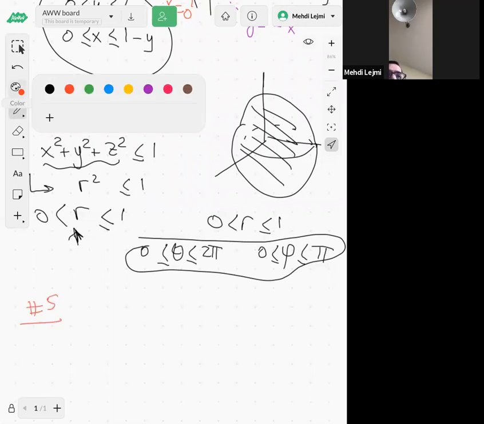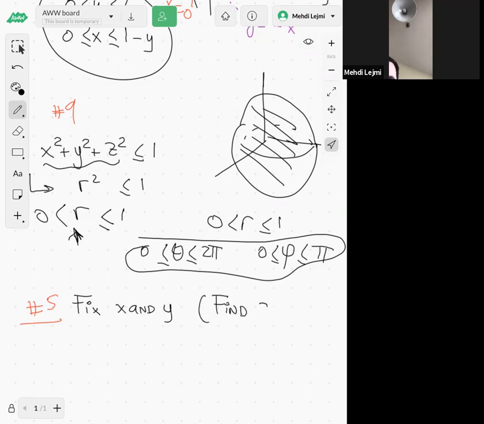You can start with z. You fix x and y and you need to find z, right? Again, you don't have to sketch your solid. You can just take the equations. You have x squared plus 2y squared equals 2. There's no z there, so I don't care about it for the moment.